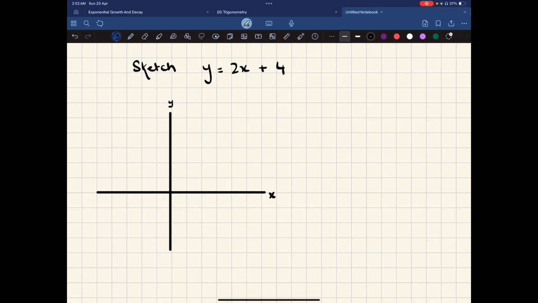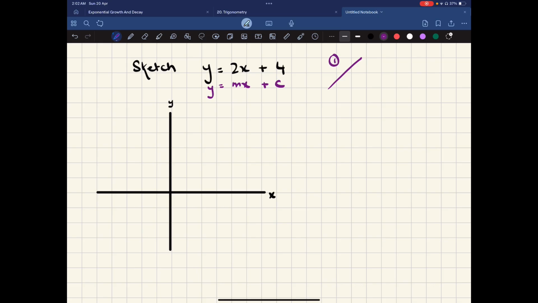Now you need to decide, because it is in the form y equals mx plus c, we know that it has a positive gradient, so the line will be upward sloping. So we've determined the shape of our graph. It is going to be an upward sloping line.